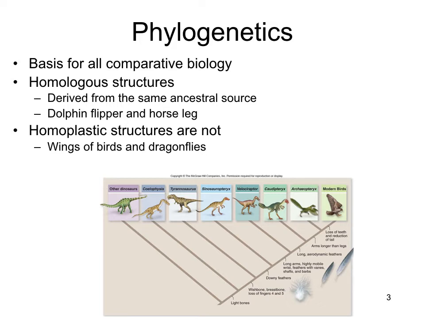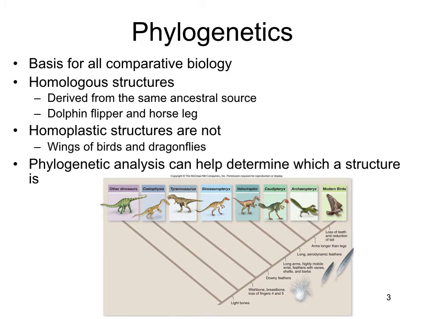They look the same, but they're not the same because of descent. Like bird wings and dragonfly wings, they both are used to fly, but neither is related to the other. So phylogenetic analysis can help determine whether a structure is analogous or homologous.